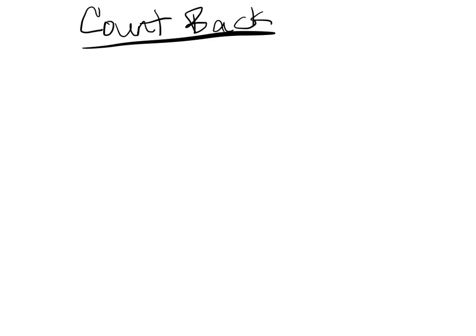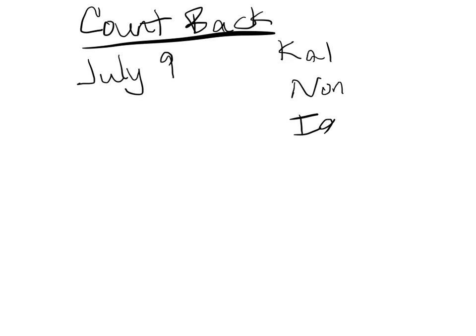Here is another example of how we have to count back from a calends, ides, or nones in the Roman calendar to find another date. We will try July 9th. Remember, we're always thinking calends, nones, or ides. What is the nearest calends, nones, or ides date to fall after July 9th? Well, let's see.